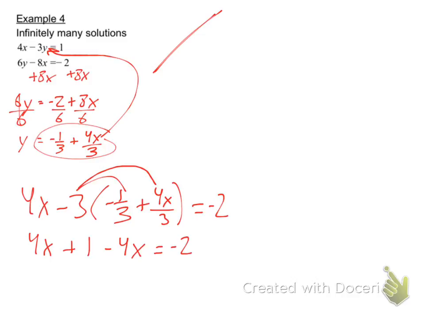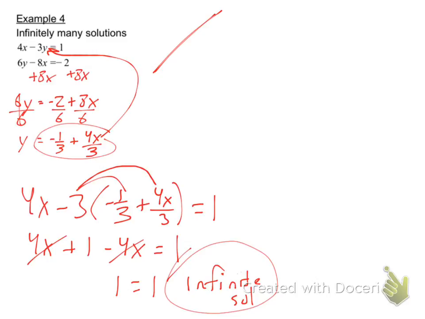What happens to the 4x's? So when does 1 equal negative 2? Never. Wait, there's supposed to be infinite many. Oh, guys, I put the wrong sign, no one caught it. That's supposed to be 1. So now when does 1 equal 1? So, infinite solutions.